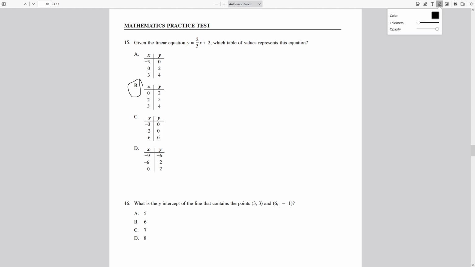Starting from 3, 3, and the rise over run, you rose 3 and you ran negative 2? No. Negative 4? So 3, 2, 1, 0.